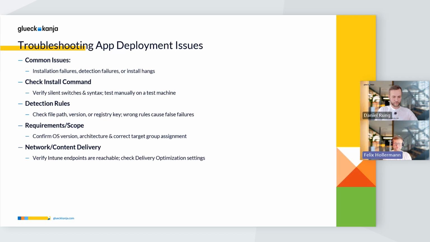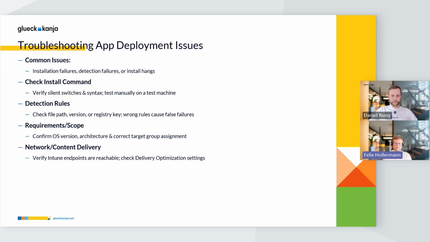Requirements and scopes: verify that the device meets the requirements, like the OS version and architecture. Also confirm the device is in the target group and not excluded elsewhere. And network and content delivery: if many devices are failing, consider whether it's a content issue.